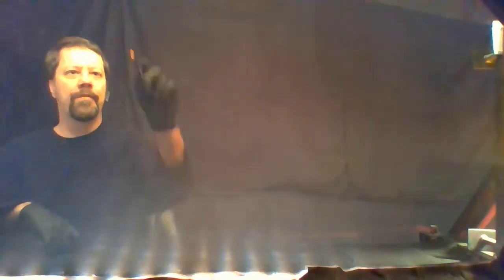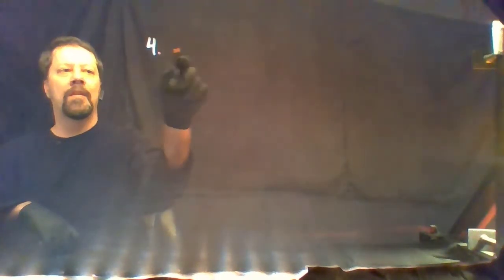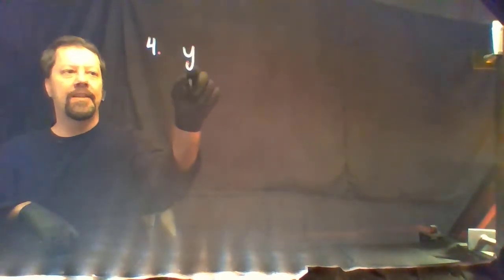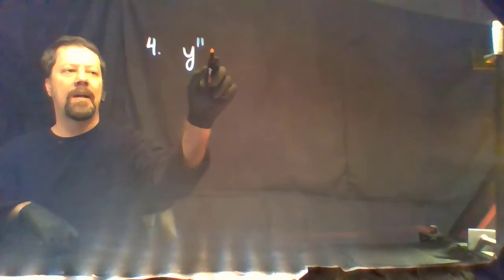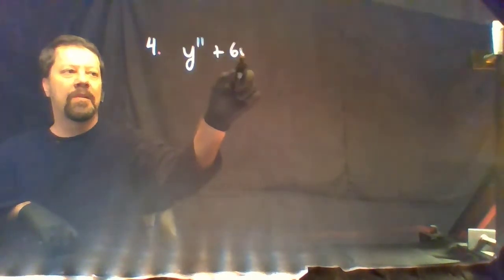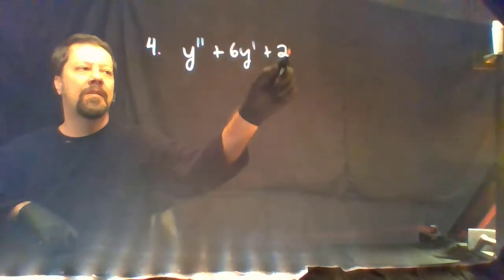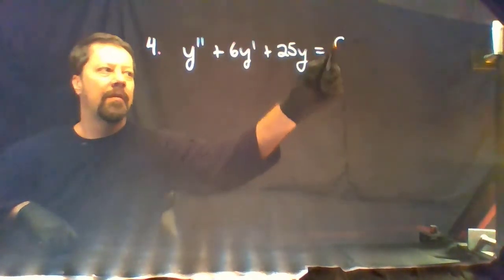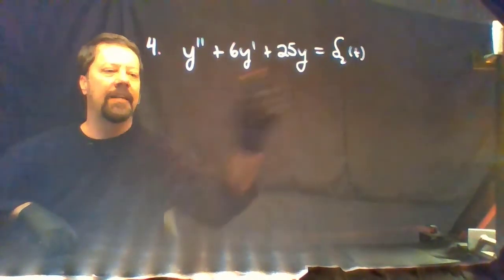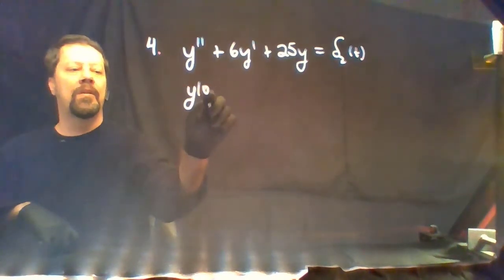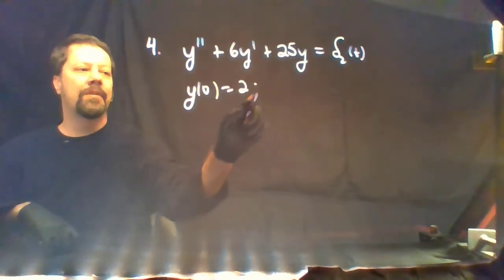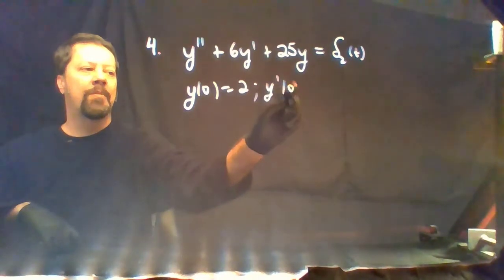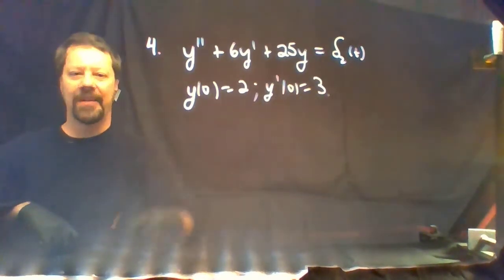On problem 4, we're solving the initial value problem y double prime plus 6y prime plus 25y equals delta 2 of t, y of 0 is 2, y prime of 0 is 3.